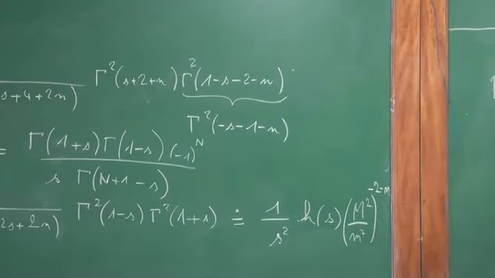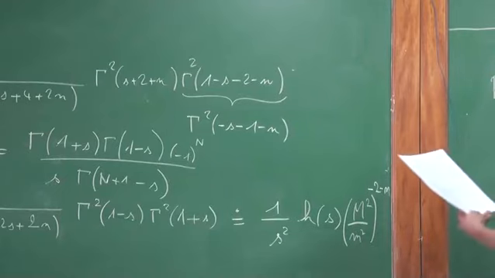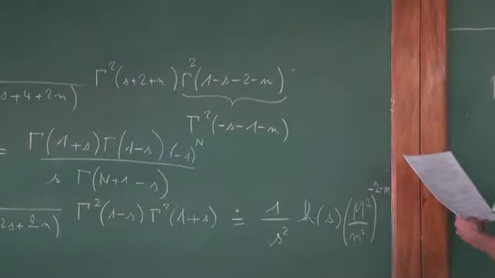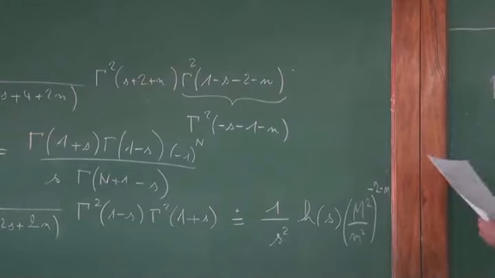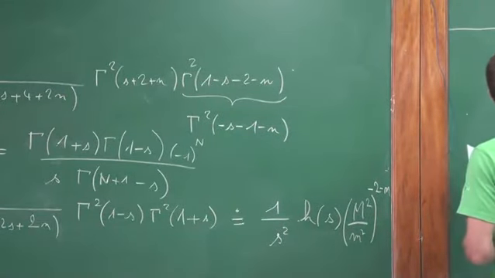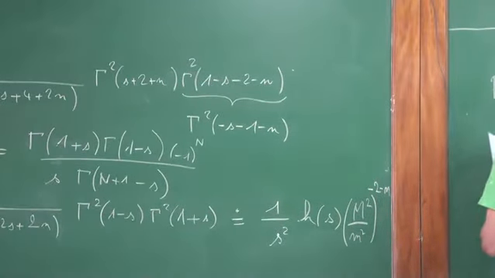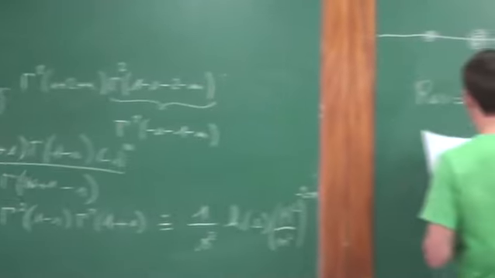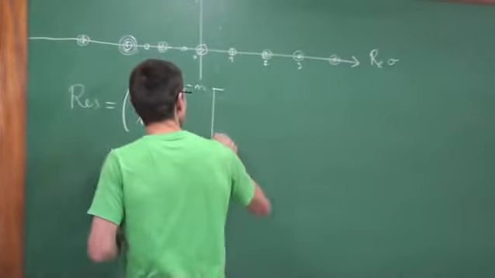And my residue is given by the square of the square times minus n times.